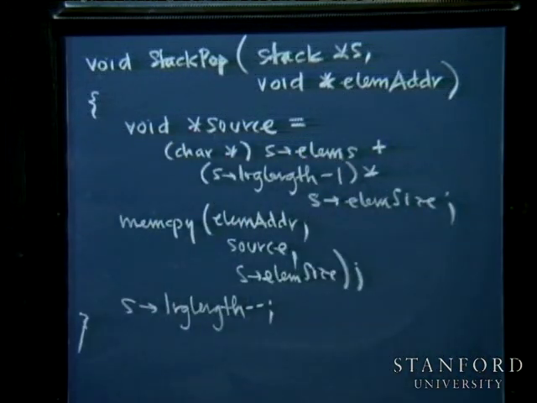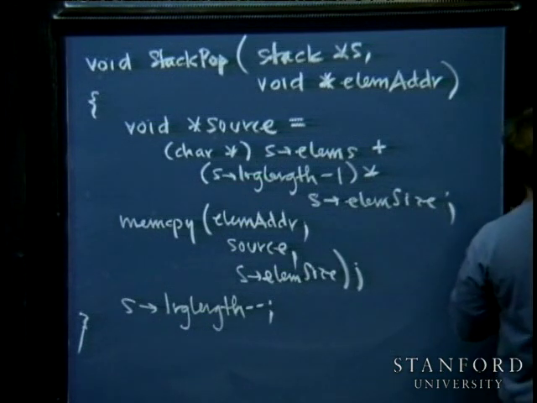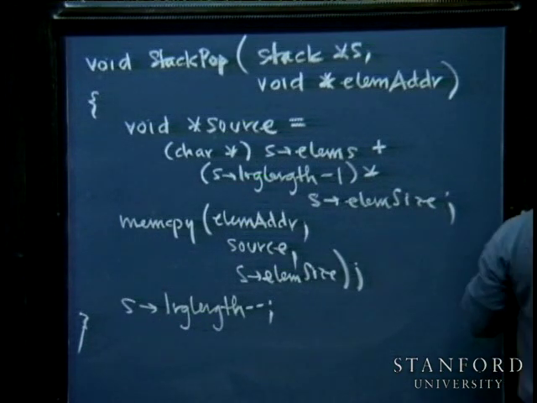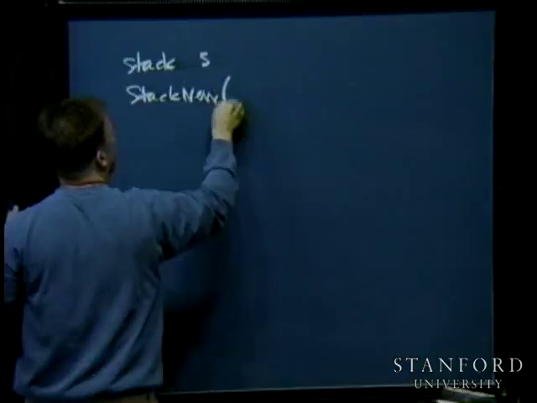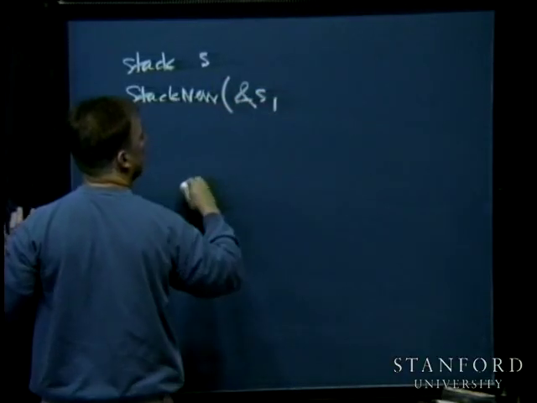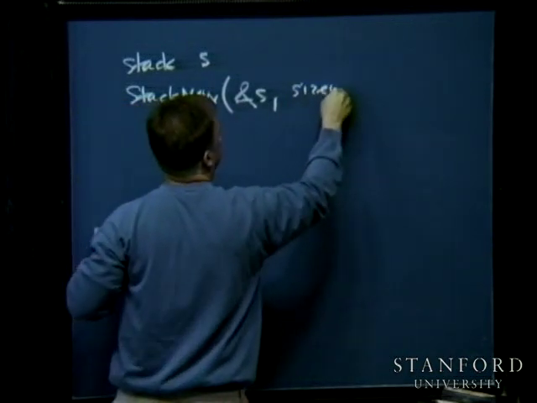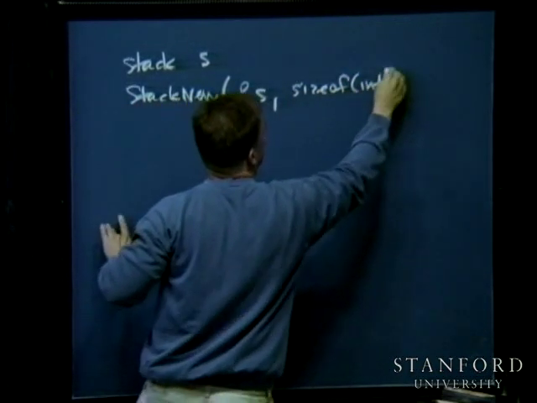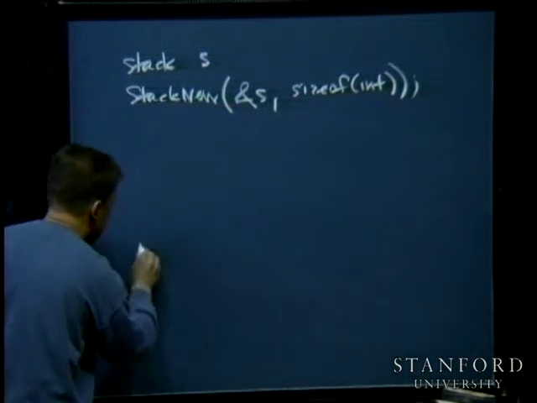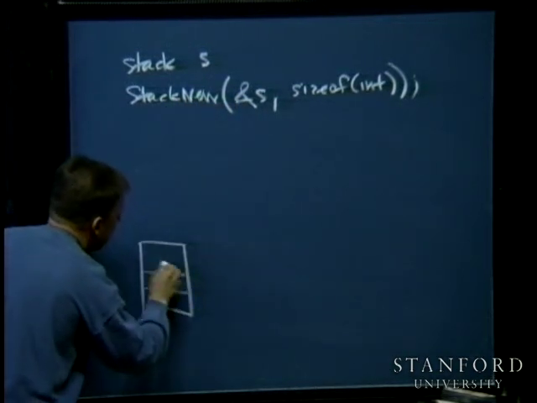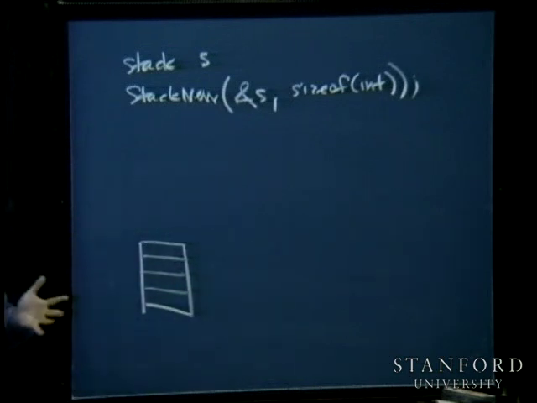Suppose I have a stack S, and I called stack new with ampersand of S, and I pass in size of int. Okay, that means that I have this thing. That's my stack, and I'm supposed to just take it as a black box and not really deal with it.